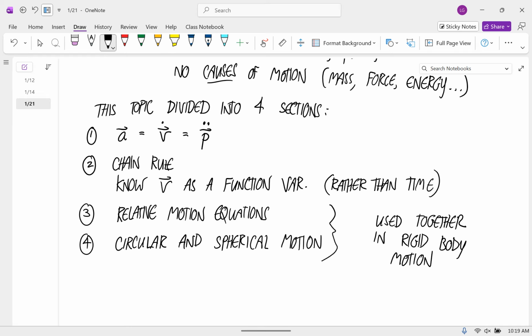Since this is the first time I'm bringing these two things up, I want to give you a first crack at a distinction. I just said that particles don't have any orientation changes, and orientation changes and circular and spherical motion are connected in a lot of ways, but they're different.